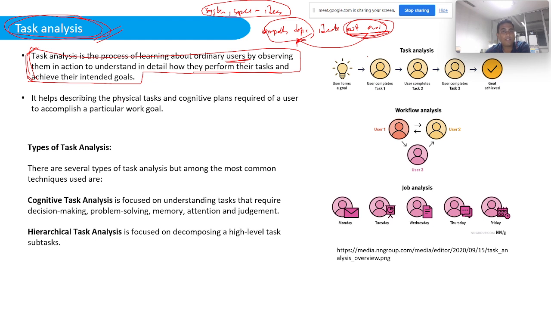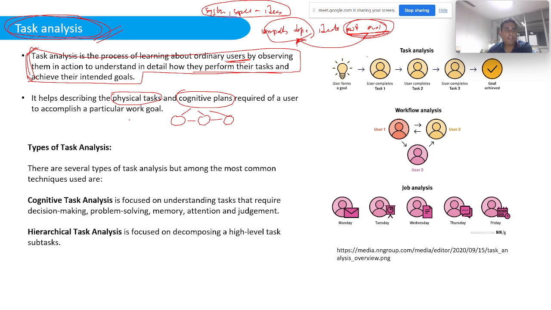So the task analysis process describes the physical tasks, the kind of task as well as the sequence of tasks, and also the cognitive planning that the particular person or the user has to process inside him while doing that particular activity or task. Okay.